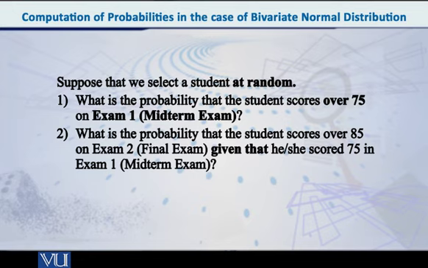And the second question, what is the probability that the student scores over 85 in exam 2, that is the final exam, given that he or she scored exactly 75 in exam 1. तो आइए अब हम इन दोनों questions को बारी बारी solve करने की कोशिश करते हैं.